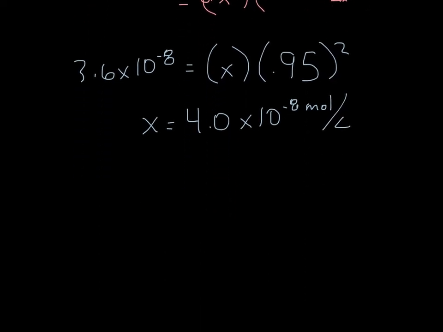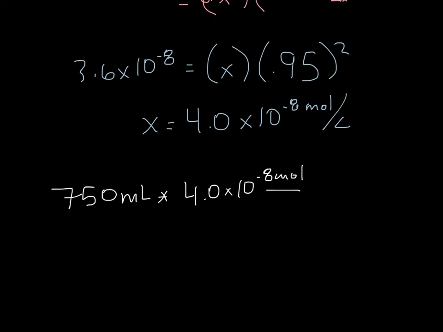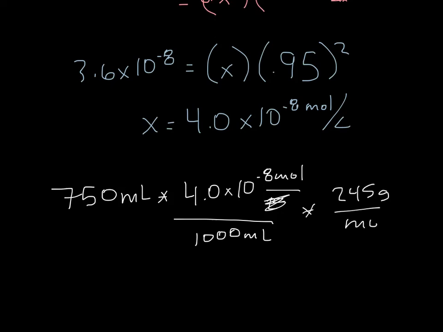And as I use that value to find out what mass of lead-2 fluoride will dissolve, 750 milliliters times 4.0 times 10 to the negative 8 moles of lead-2 fluoride per liter. Oh, sorry, I shouldn't say per liter. Divided by 1,000 milliliters, so that's per every 1,000 milliliters, times 245 grams per mole.